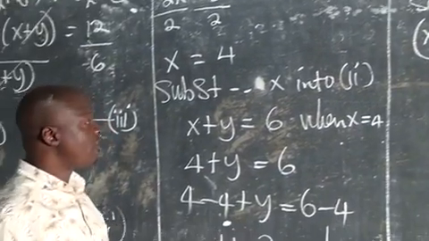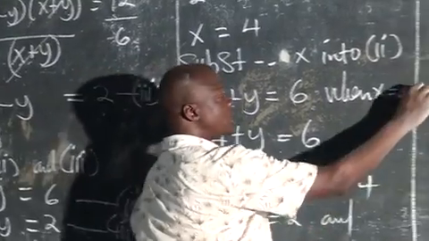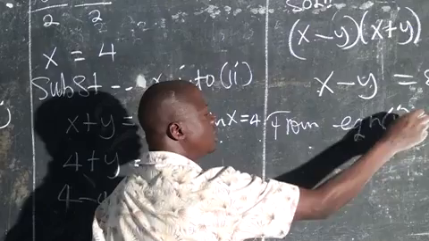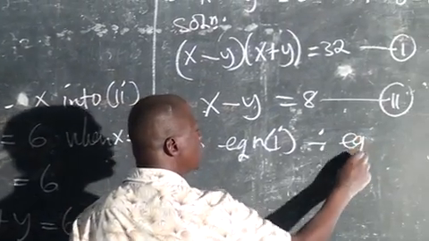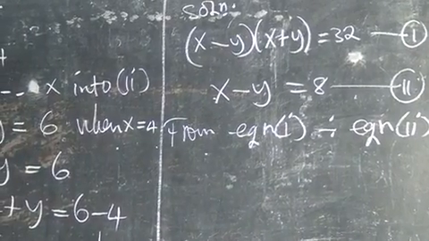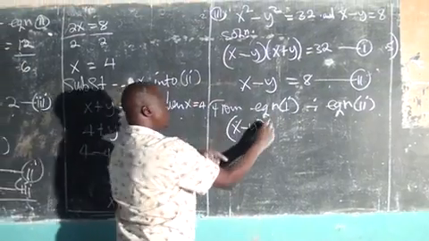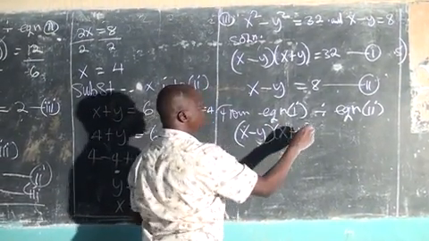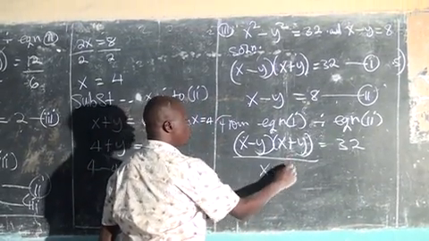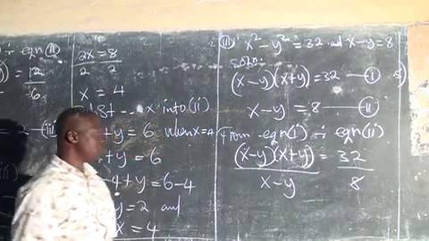We shall use the same procedure: we divide equation 1 by equation 2. We have (x minus y)(x plus y) equal to 32, divided by x minus y.